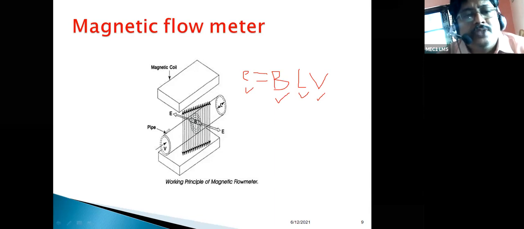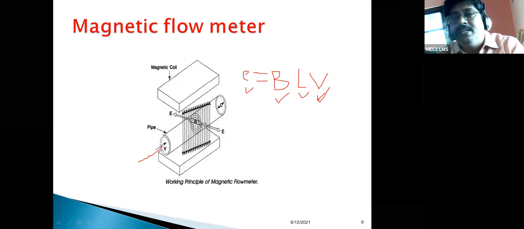Here, the pipe is placed in between the magnet, that means around the magnetic coil. In the pipe the flow is taking place, and V is the flow velocity in the pipeline. In this pipeline we have to measure the flow; some liquid is flowing, and we have to measure its flow rate.